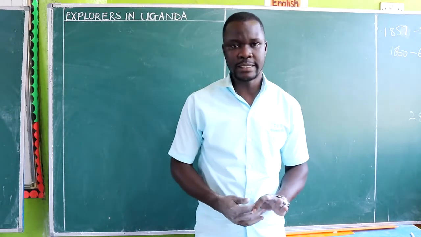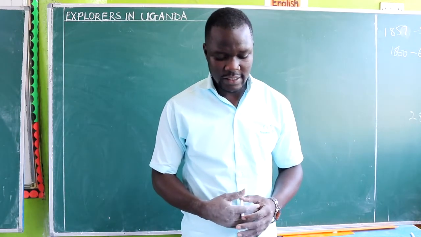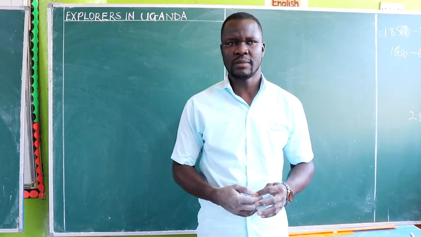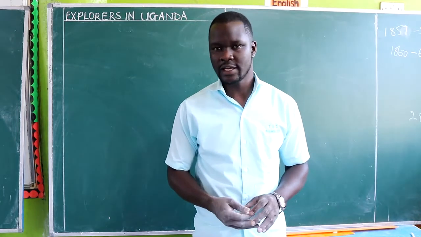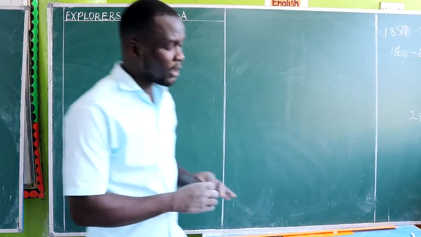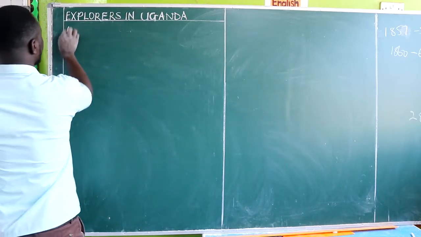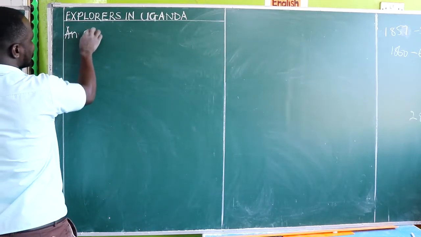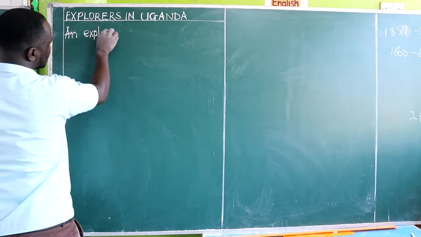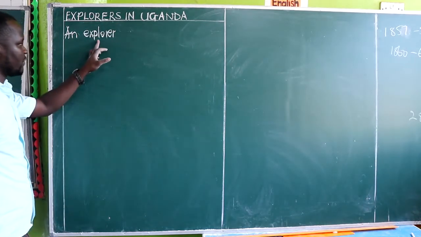On page 18 is where we get this lesson, and we want to begin by understanding who an explorer is. You should be able to write the word explorer very well.